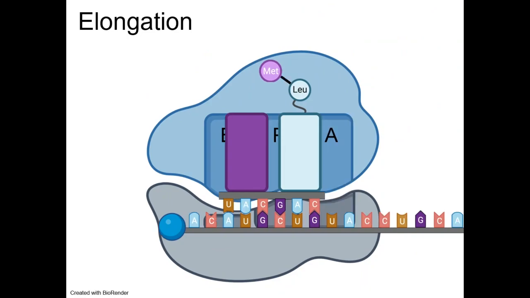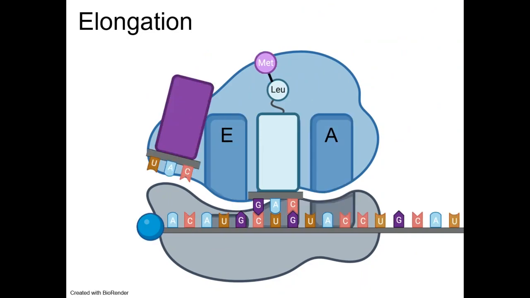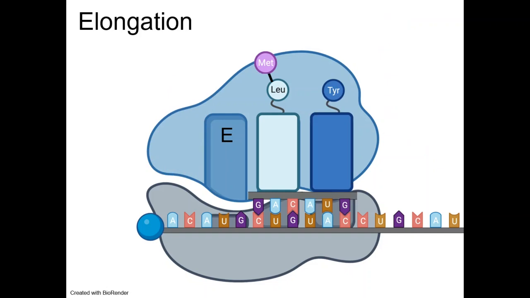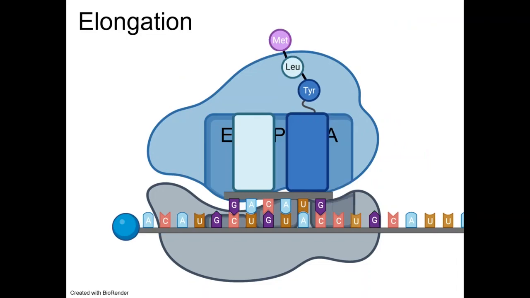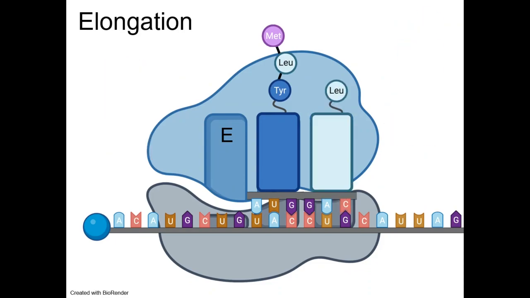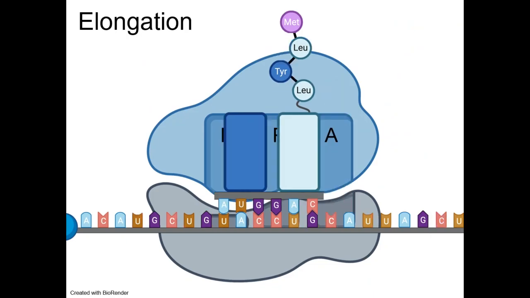When the leading tRNA gets to the exit binding site, it will exit the ribosome, and the next corresponding tRNA will enter the A binding site. The process will continue by forming a peptide bond between the two amino acids, and the ribosome will continue down the mRNA strand. The new tRNAs will continue to enter and build the protein.